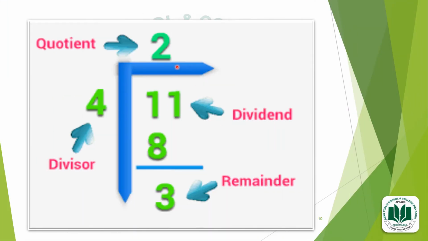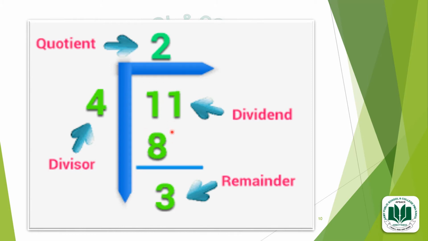Now students, here is one more example for you in which we have to divide 11 by 4. Then we read the table of 4. 4 1s are 4, 4 2s are 8, 4 3s are 12. As 12 is bigger than 11, we take 8 in the table of 4 which is smaller than 11.